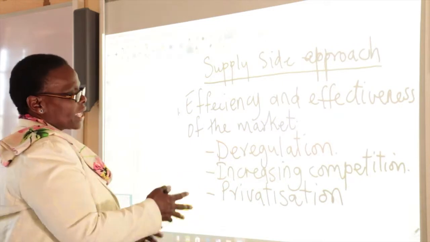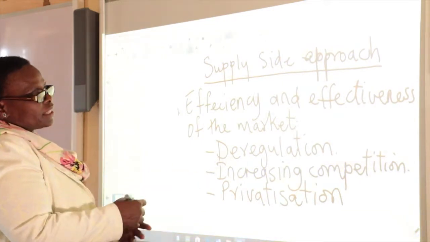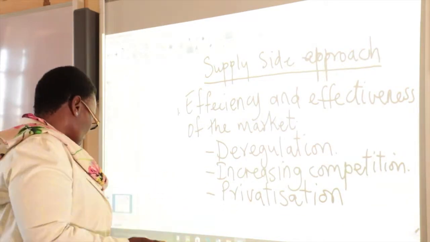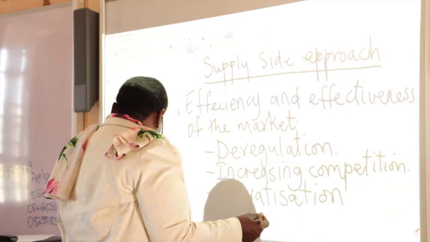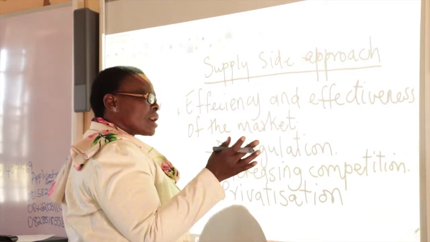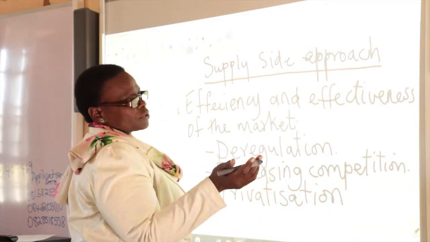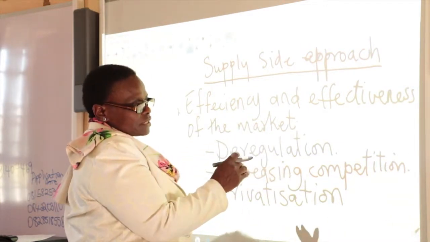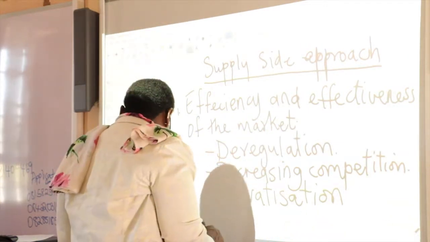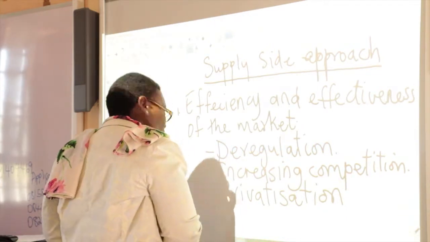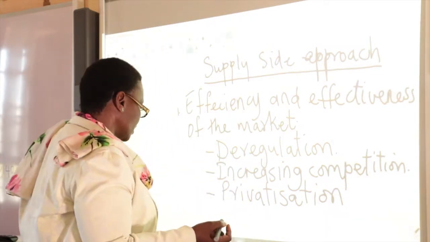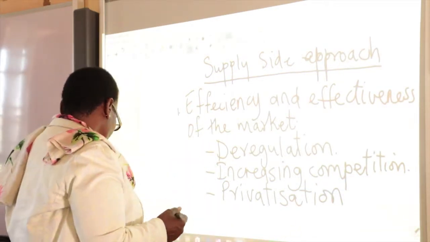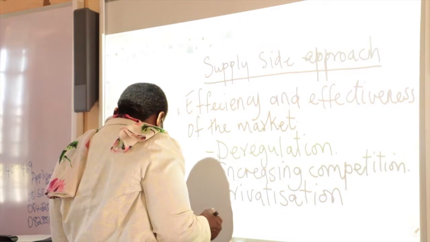In other words, the aim of privatizing the state-owned enterprises would be to try and expose these businesses to market conditions so that private businesses also have an opportunity to provide services that are of strategic importance in the country. So privatization is also part of the efficiency and effectiveness of our markets.